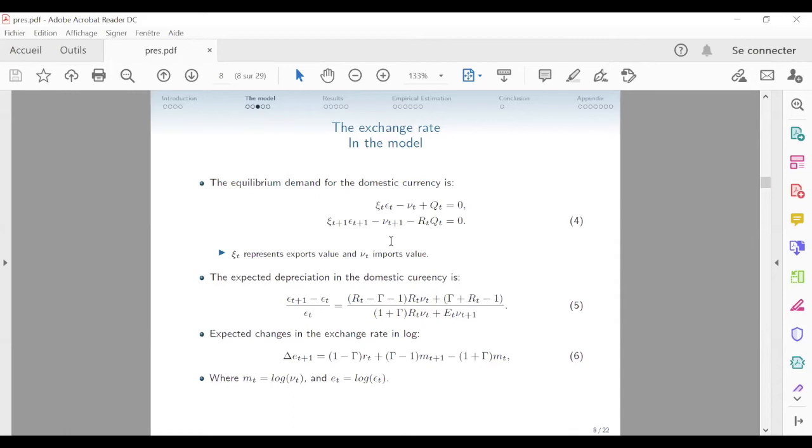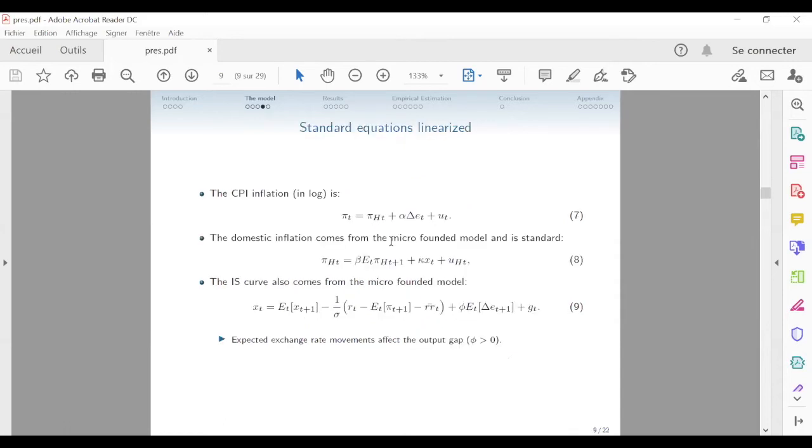The other equations of the model are quite standard, so I go through them really quickly. The first one is the CPI inflation, and it depends on the domestic inflation and ET, the nominal exchange rate. UT is a shock.